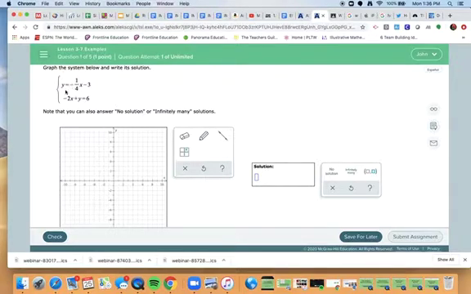So let's start with this top one. All right, remember you only need 2 points to plot a line. So we've got negative 1/4 x minus 3. This is in mx plus b form, slope-intercept form. And the negative 3 is my y-intercept. So I'm going to go right away and put a point on negative 3. And then the slope is negative 1/4.